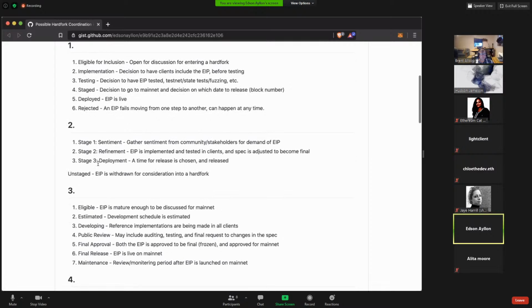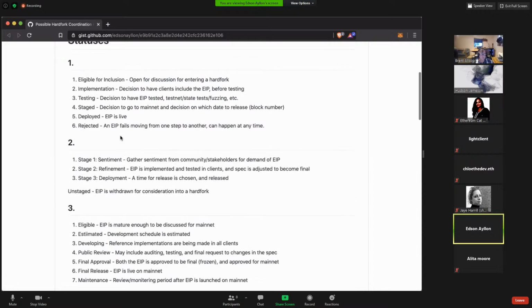The next one, I just simplified it and made it into three. So sentiment, gathering sentiment from the community for the demand of the EIP. So this is: should the EIP be implemented? It's asked first. Then refinement: the EIP is implemented and tested, so testing and implementation are in the same step, and it's done when the spec is made final. And then deployment: the time for release is chosen and the EIP is released.